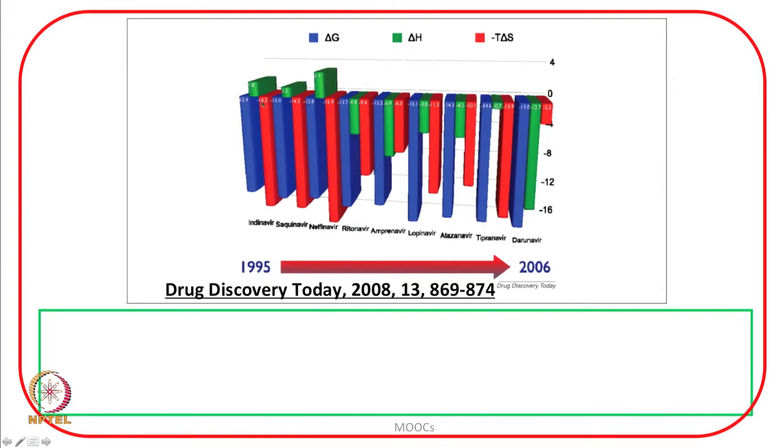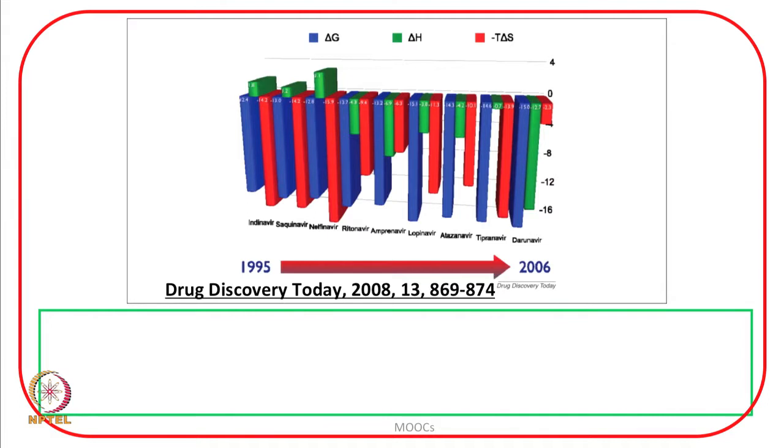That means over a period of about 10 to 11 years, the new molecules showed affinity with more exothermicity. See, it changed from endothermicity towards exothermicity, and this trend suggests that over this period, the new molecules have shown a trend changing from endothermicity to more exothermicity.